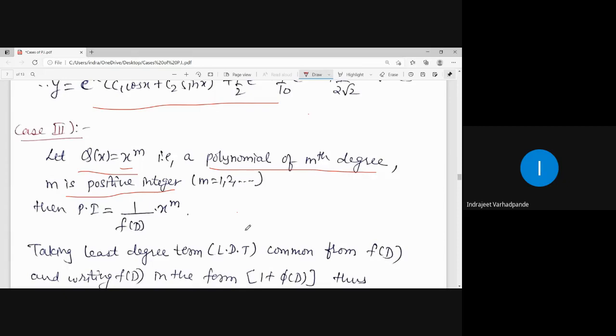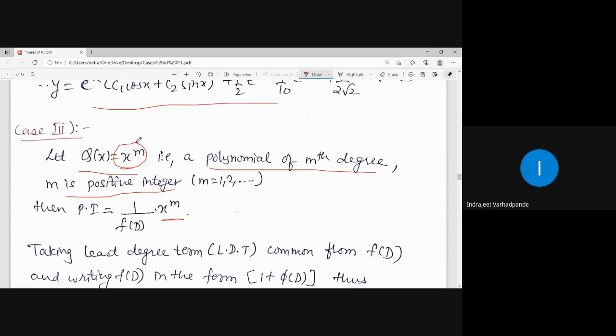So as per the definition of the particular integral, PI is equal to 1 upon f of D to be multiplied by x to the power m, as the RHS of the given differential equation is appearing in the form of a polynomial of mth degree in variable x. And m is a positive integer whose value starts from 1, 2, 3 and so on.